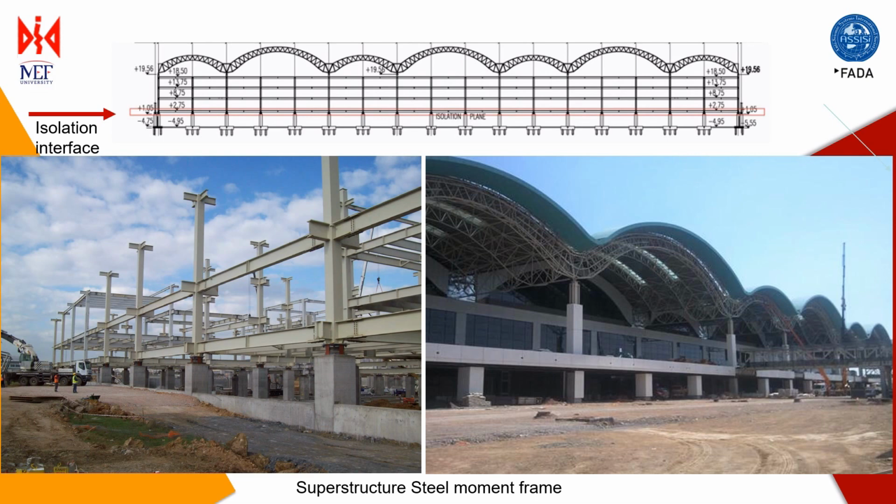It has a steel structure with plan dimensions of 160 by 272 meters without floor joints, and a total building height of approximately 32 meters.